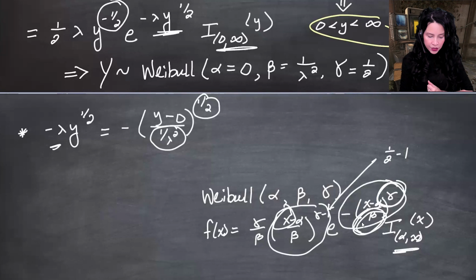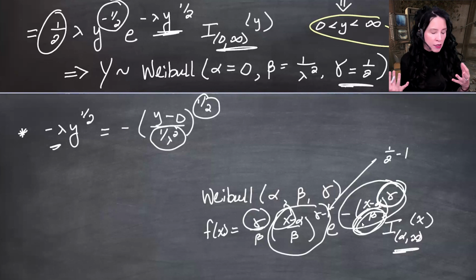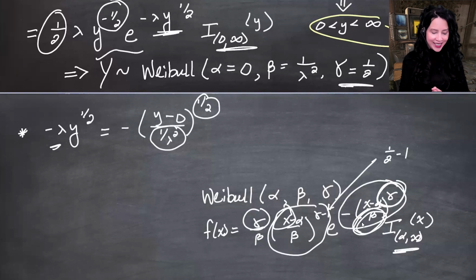Yeah, and everything looks good. There's a gamma out front, and our gamma is 1/2, and it's right there. But you really don't have to check these. It might make you feel better to check these. But once you've matched up the functional part, the non-constant part, then the rest has to be right, assuming you did the transformation right. It would have to be a Weibull distribution. So I guess I finished the homework problem.